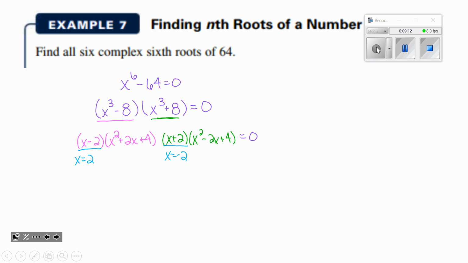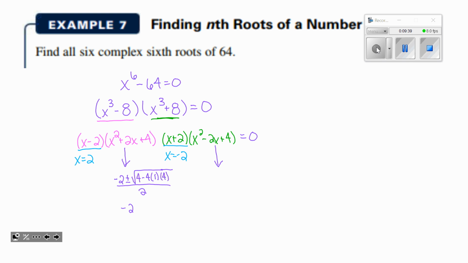But then, like what was on your assessment from chapter 2 or chapter 3, we have some imaginaries coming from these quadratic factors right here. So if we use the quadratic formula, opposite of b, so negative 2, plus or minus the square root of 2 squared, which is 4, minus 4 times a, which is 1, times c, which is 4, all over 2.